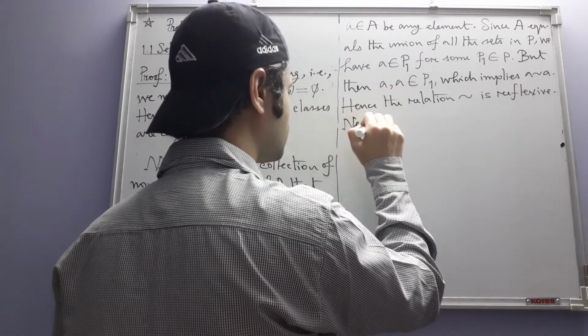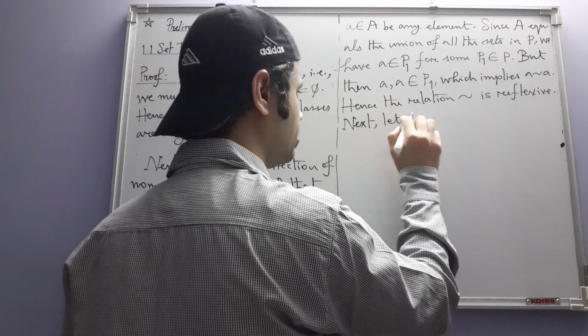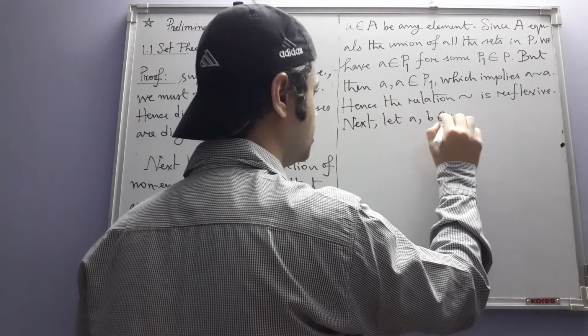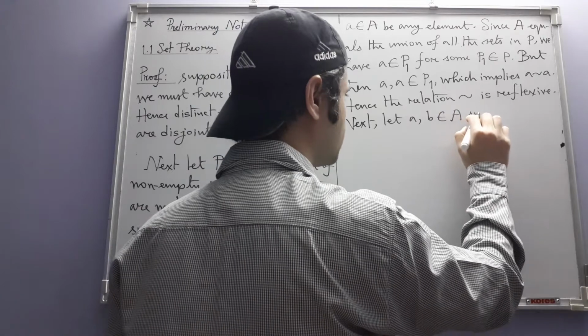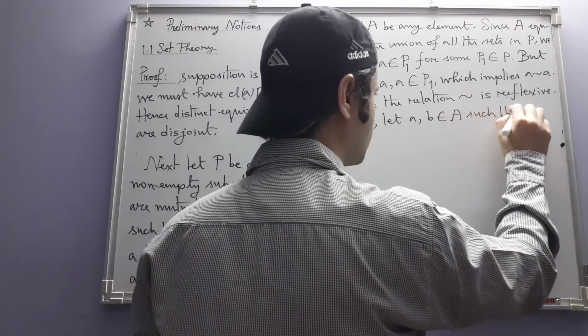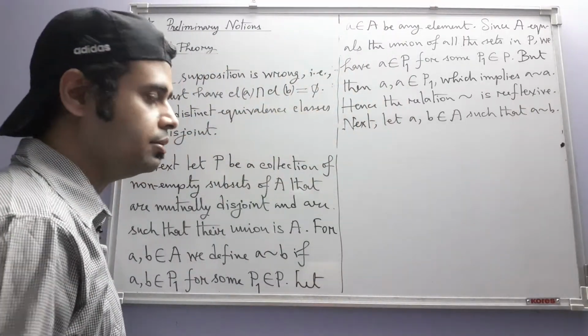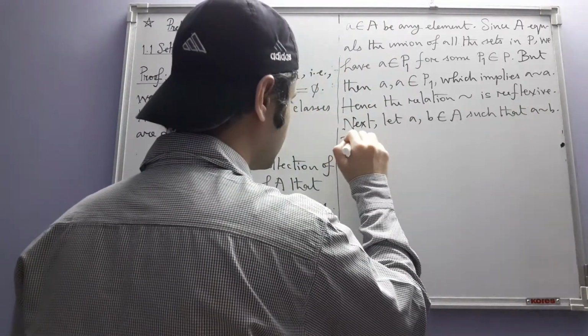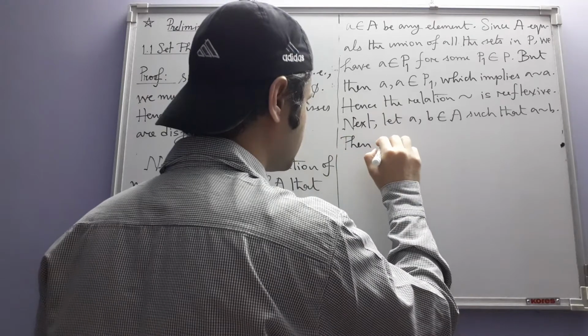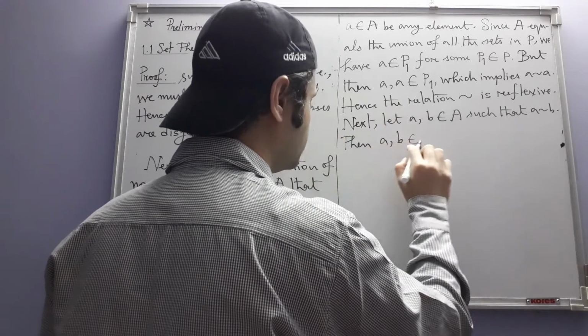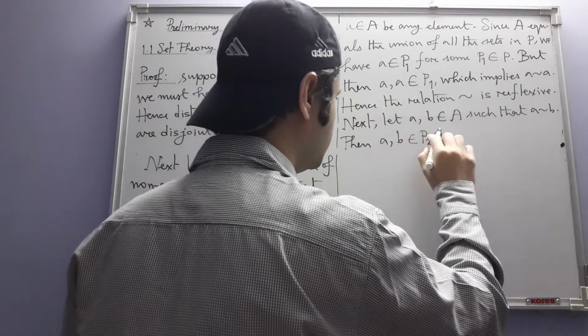Next, let a and b be two elements in A such that a is related to b. Then they belong to some set P2.